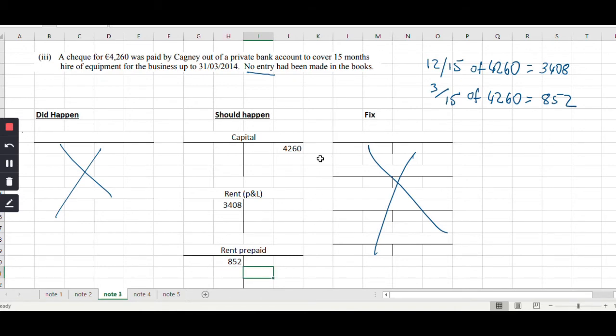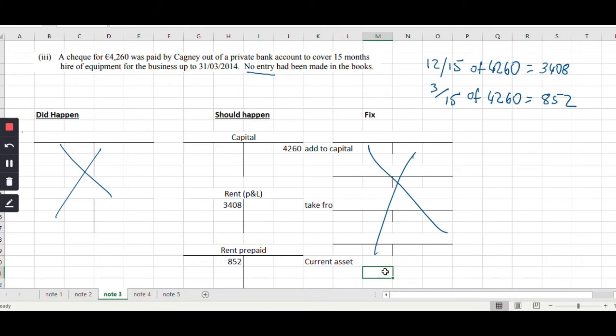So the 4,260, when we come to do our balance sheet, we're going to add to the capital account. The rent, which is P&L, we're going to take from P and L because it's on the debit side, and the rent prepaid is a current asset, so we're going to create a new current asset in the balance sheet.